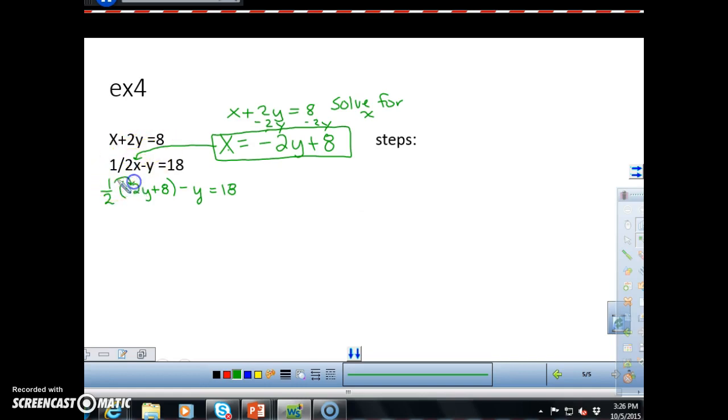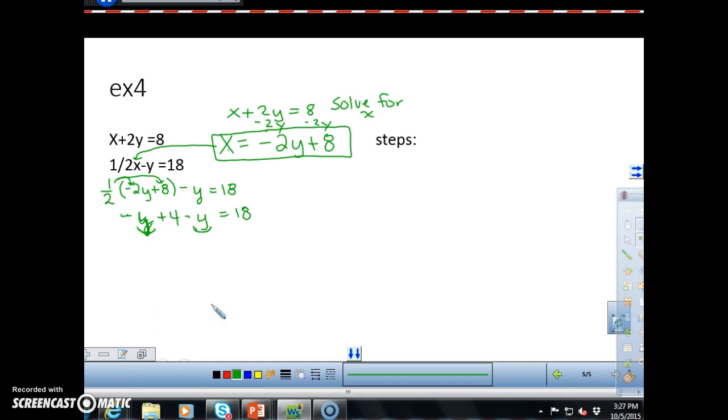So I'm going to distribute 1/2 of negative 2 is negative 1y. 1/2 times 8, 4.